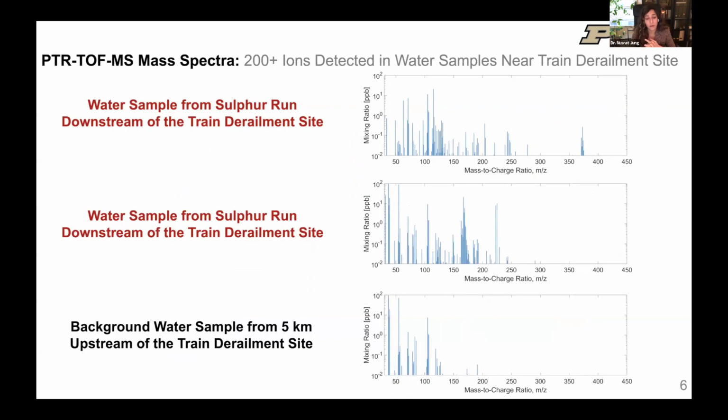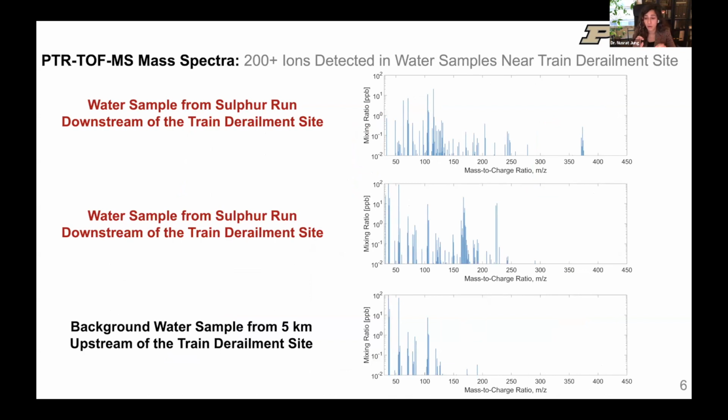In this slide, we show mass spectra of selected water samples. The first 2 that you're looking at are from Sulphur Run, downstream of the train derailment site. You will note that 200 or more ions were detected, while the background water sample from 5 kilometers upstream, at the bottom, shows a smaller number of ions.